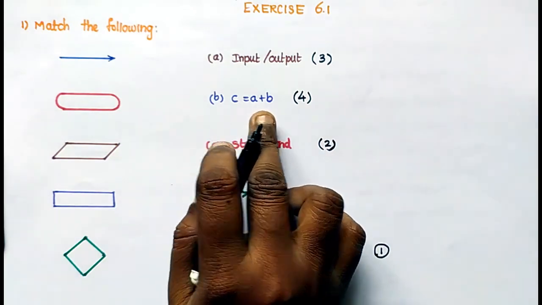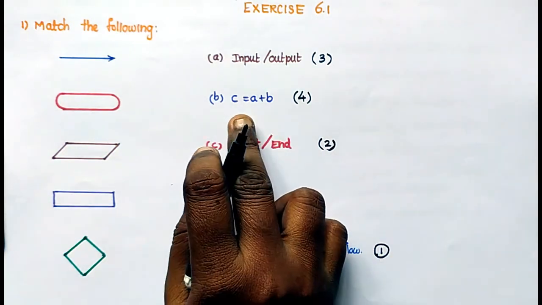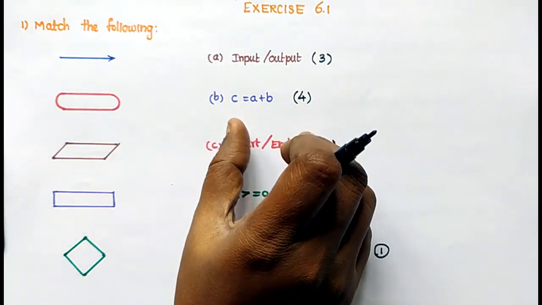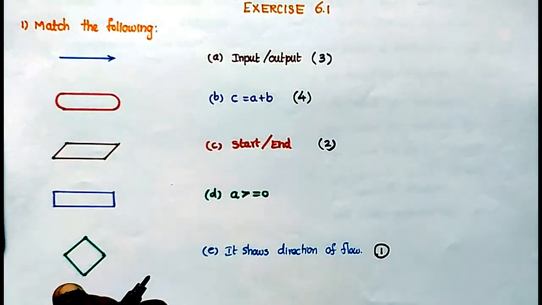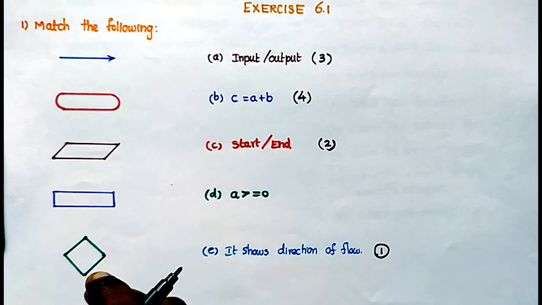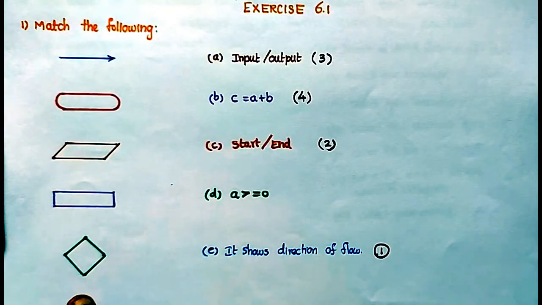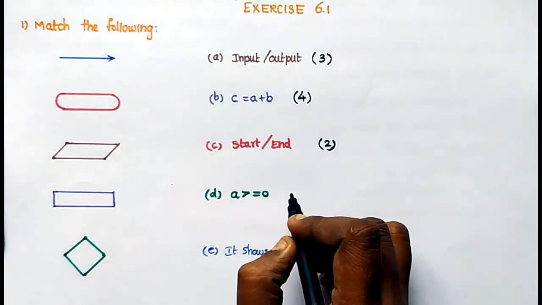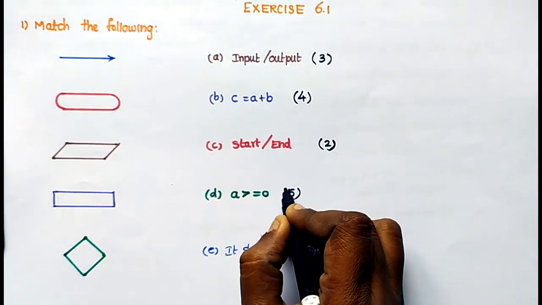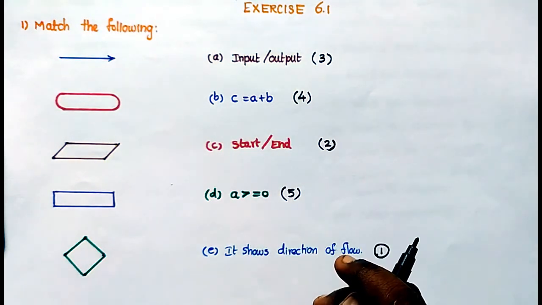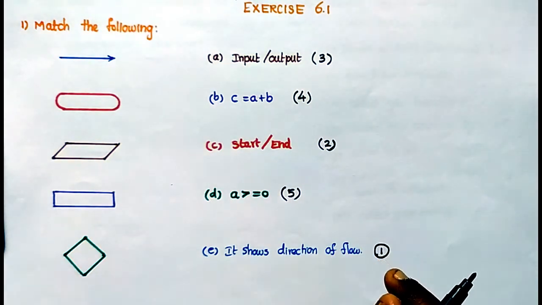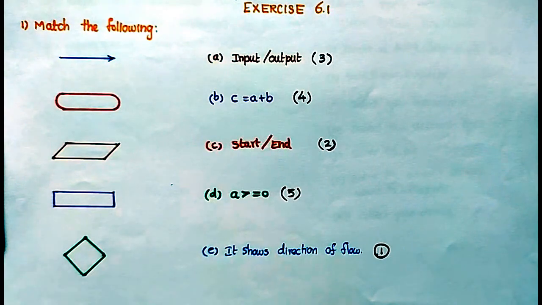C equal to A plus B is the given operation. So that we use in the box. Next, diamond, that is decision. The result is yes or no, that is 5. A is greater than or equal to 0. So that is the answer.